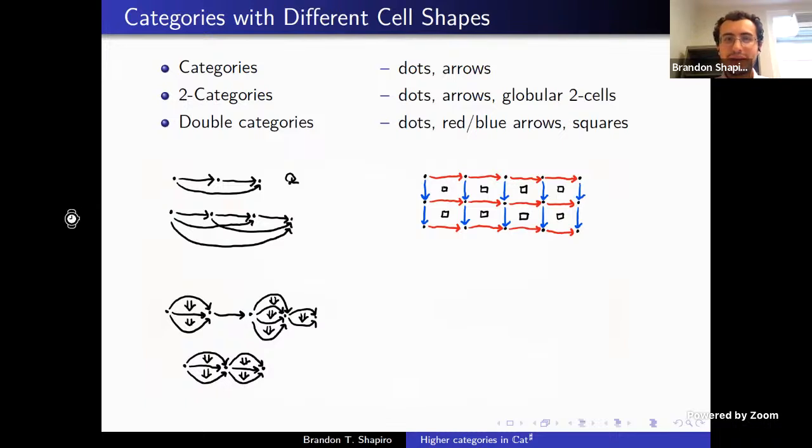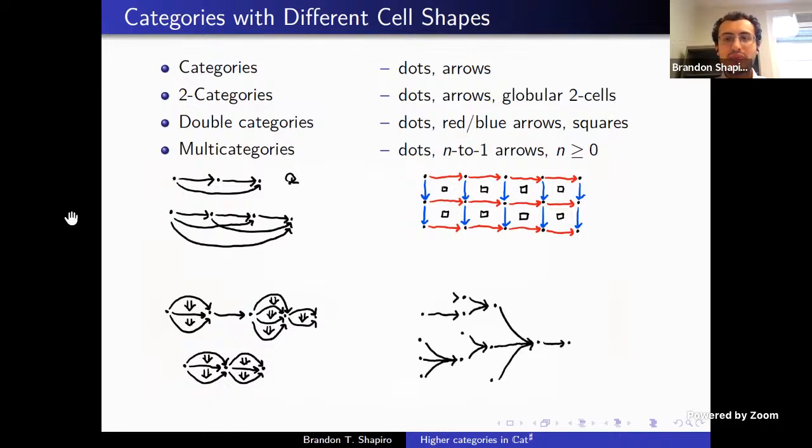And then something a little bit different, which I really think of as one-dimensional, though you can decide for yourselves whether you agree with that through the pictures, is multi-categories, where we only have dots and a variety of different kinds of arrows, each of which has one target dot and potentially many different sources.